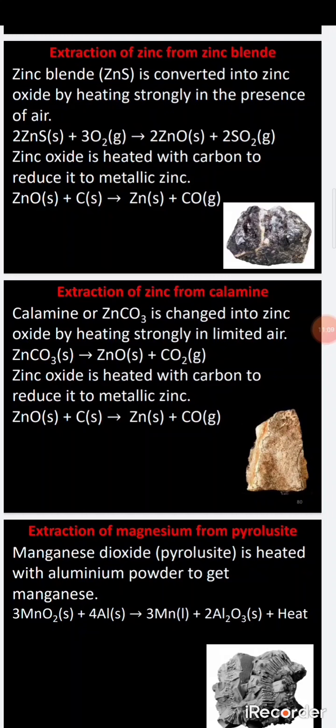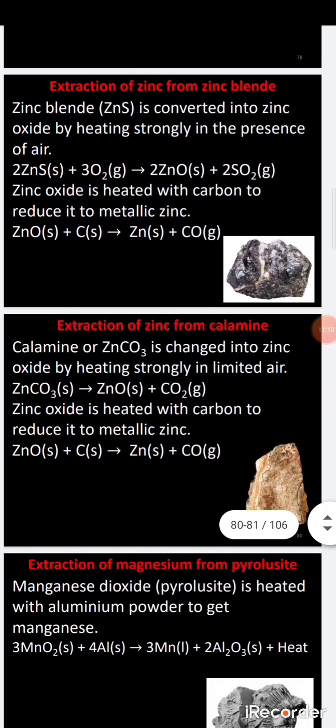This is for calcination. For sulfide ore, in the case of zinc blende, ZnS is heated strongly in the presence of oxygen of air, that is O2, and it gives rise to ZnO plus SO2. This is the equation you have to write in the examination, because they ask to explain with the help of chemical equations.